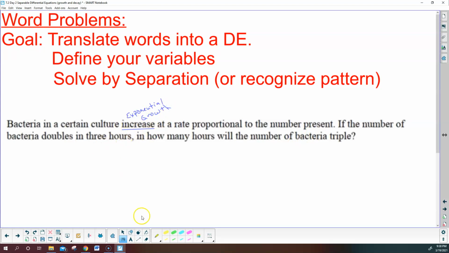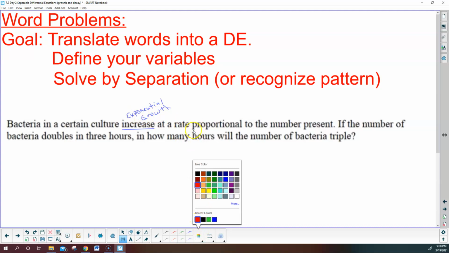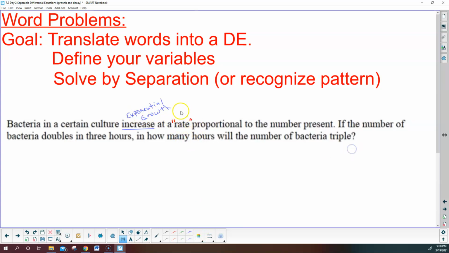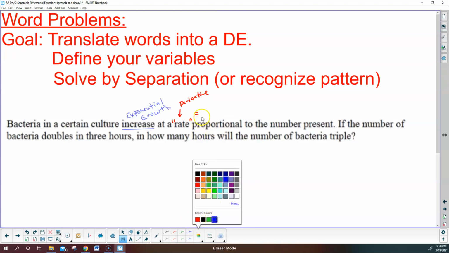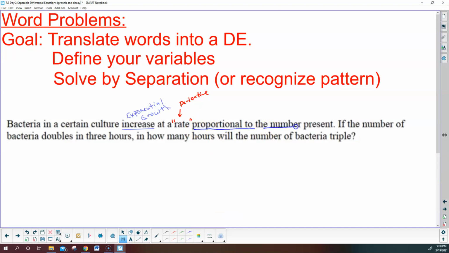All right, something's acting weird with my pen. Now I know that for a couple of things. It's because the rate, remember rate is the derivative, and then they don't say is, but is would be equal to, so the derivative is equal to or proportional to the number present.